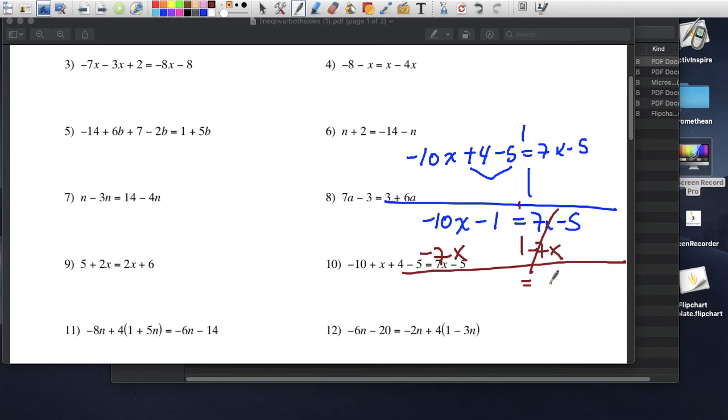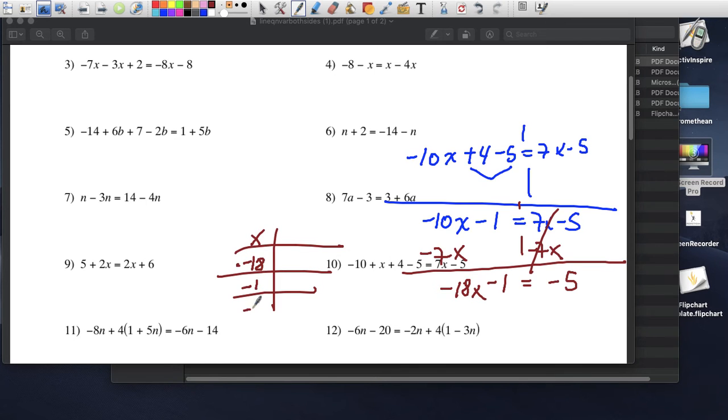So these two go out, negative 5 comes down, minus 1 comes down, and negative 10x minus 7x is minus 18x. Now, here's my variable x, which is being multiplied by negative 18, subtracted 1, equals negative 5. Going backwards, the inverse operations I'm going to use are plus 1, and divide by negative 18.